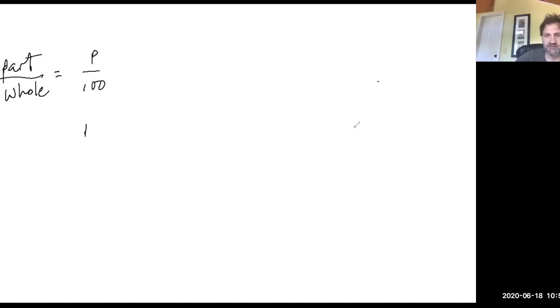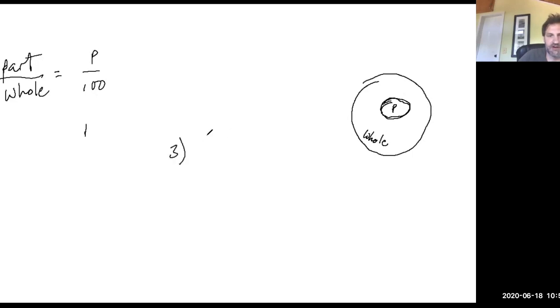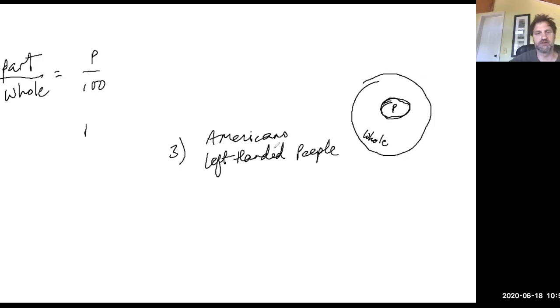So the picture that I'm thinking of in my head is kind of like a little egg. This is the part, and this big circle is the whole, right? Because this group here is a part of the larger whole. So in question three, they're talking about Americans and they're talking about left-handed people, right? So which group is the whole and which group is the part?